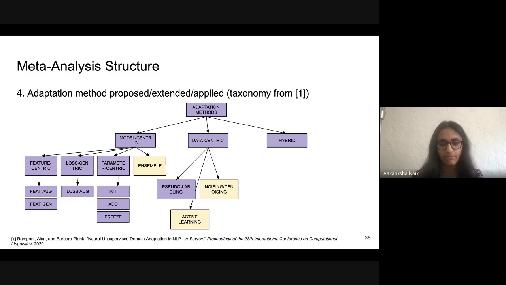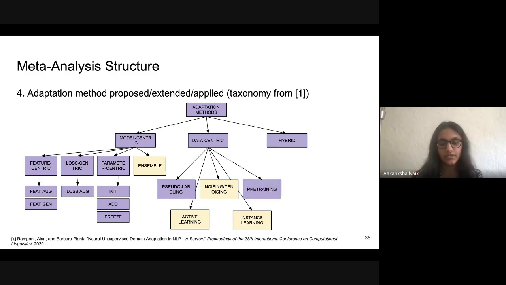The third category of approaches is noising or denoising, where the source and target distributions are manipulated by adding noise or by removing noise in order to bring them closer to each other. The fourth set of techniques is instance learning techniques, which function by trying to map out all of the source instances which are in the neighborhood of specific target instances and trying to leverage those when making predictions.